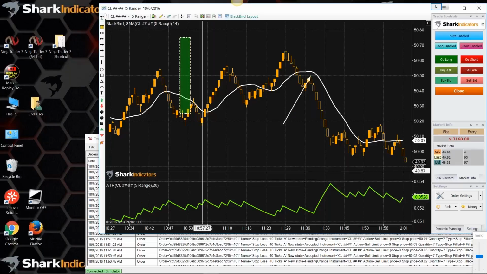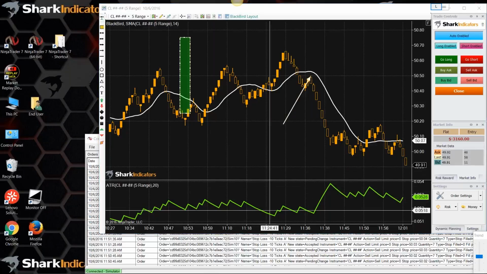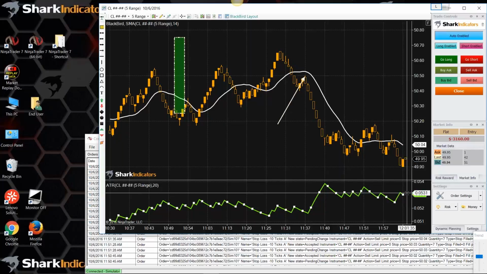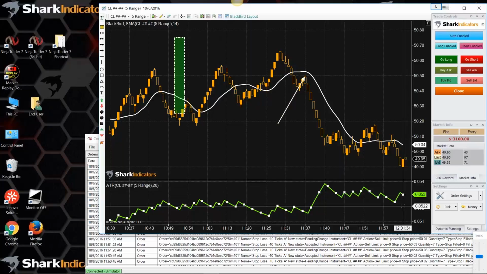But if you just put the ATR indicator on your chart, you can see that is the raw value of the ATR that BlackBird is using to calculate the stop loss distance.